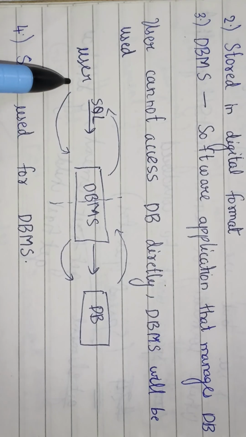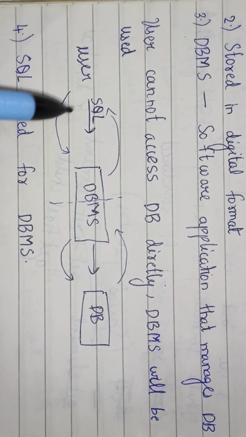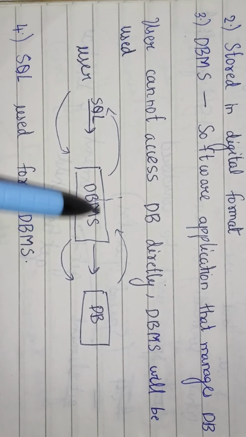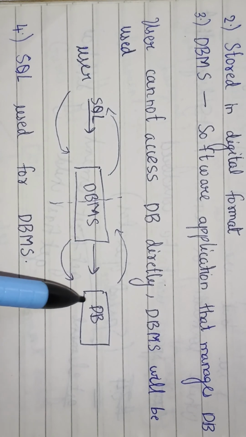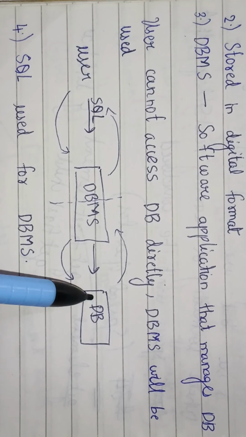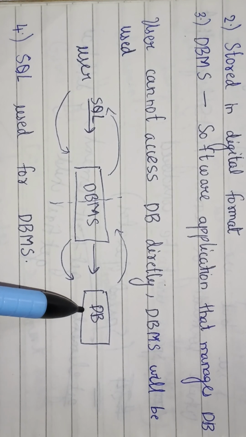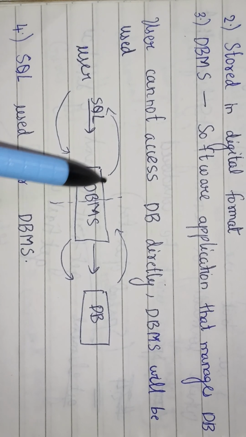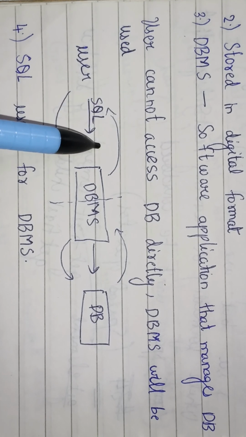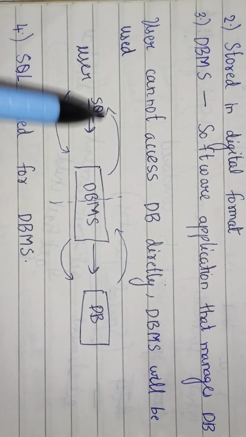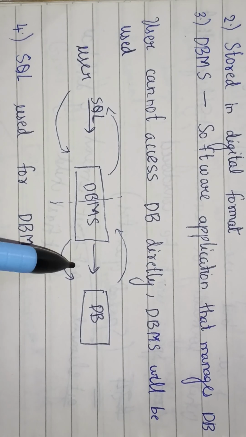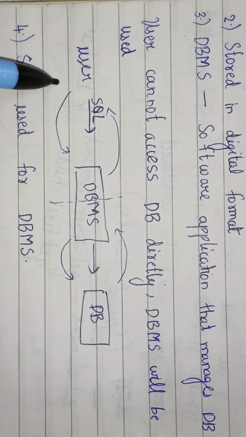For suppose user has given any query like select asterisk, or select name from this table, something like that. This query will go to the database, ask for the details, fetch the required details and pass the results back to the user. So user will pass a SQL query to DBMS and DBMS will fetch the results from the database and send it back to the user.